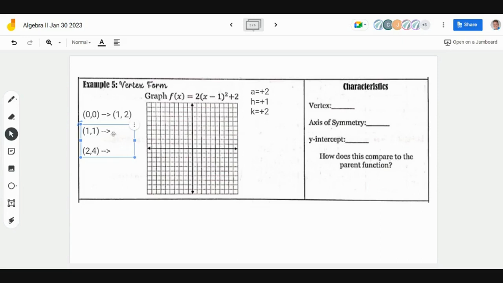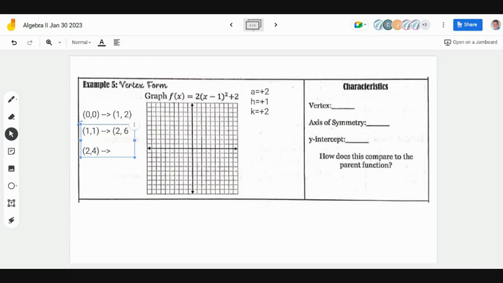So what happens to it? If it goes right 1, up 2, and is doubled from 1, 1, so this would have become 2, 3, except for doubled that, right? So that became 2, 6. No, that's not right.